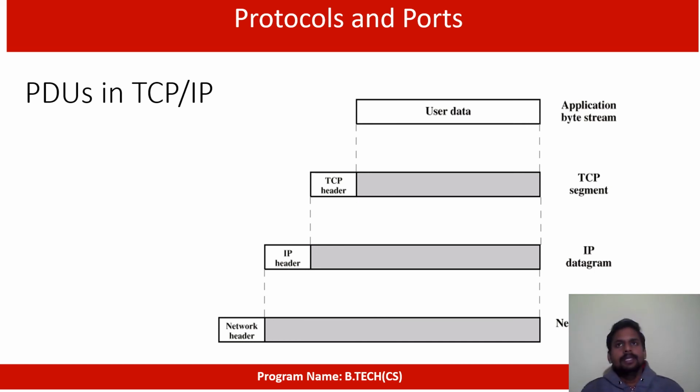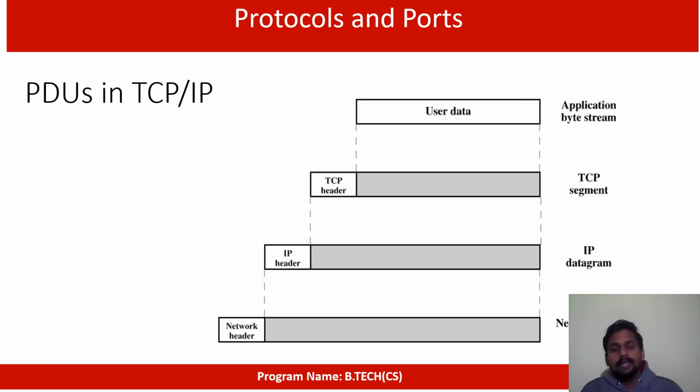Packets are transferred through the physical layer, so while moving there, it will attach the MAC information. After that, in the data link layer, it will attach the LLC information. In the network layer, it will add the IP information, and then in the transport layer, it will add the TCP or UDP information.